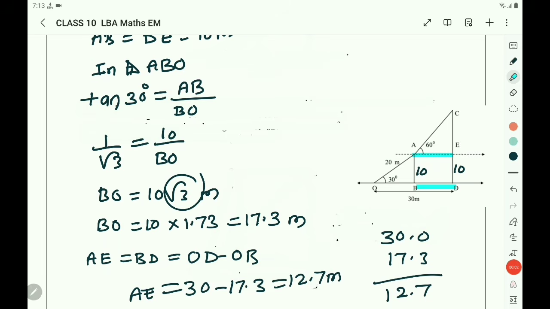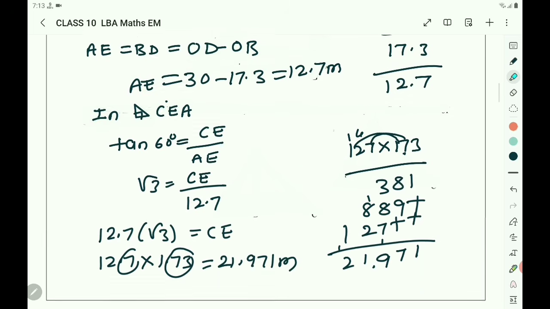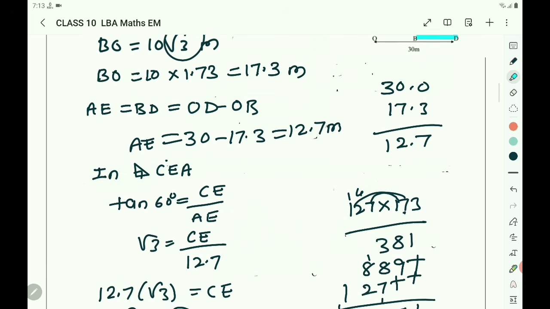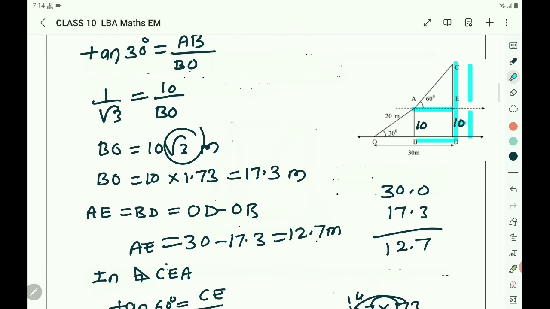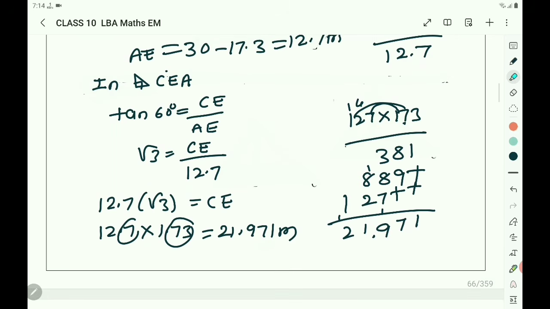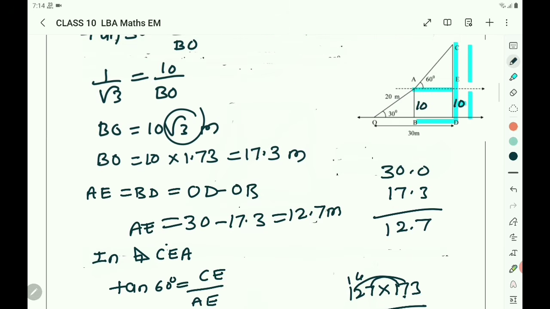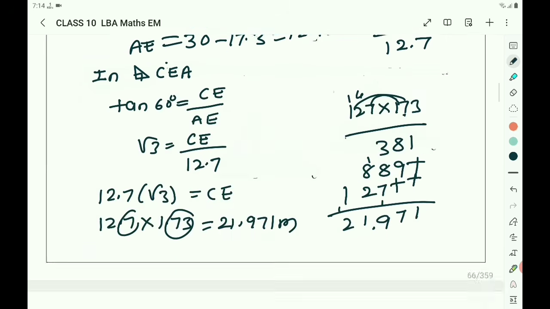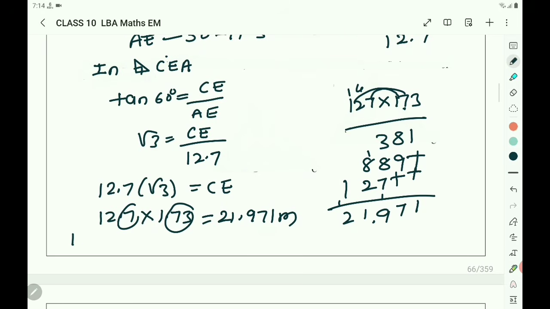Then height of the pole CD equals what plus what?